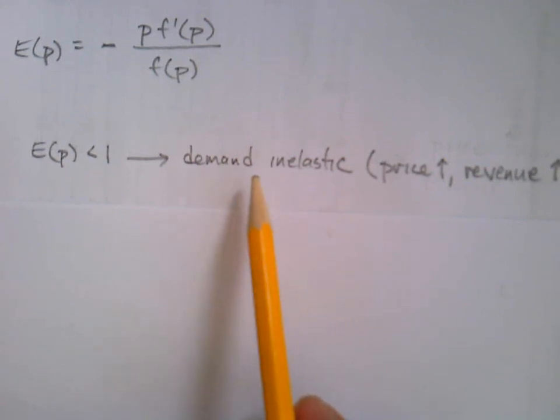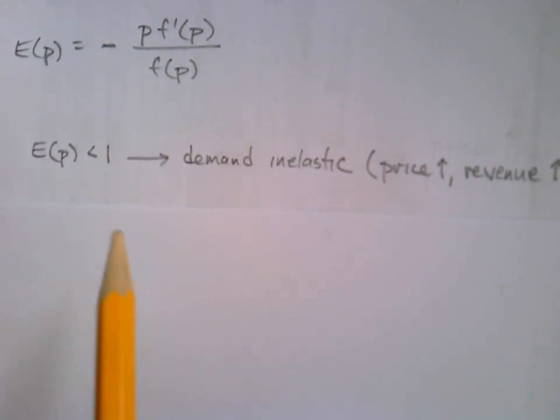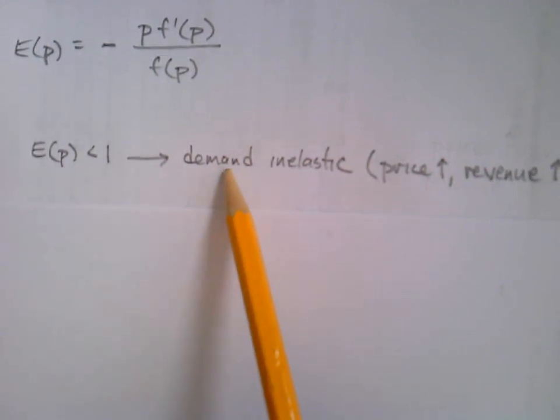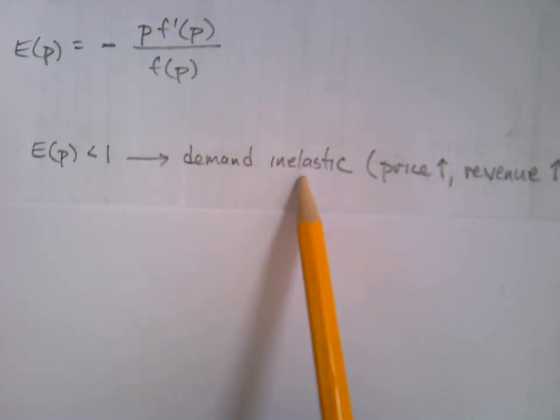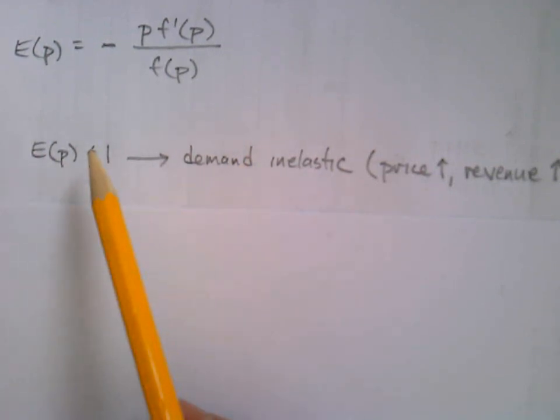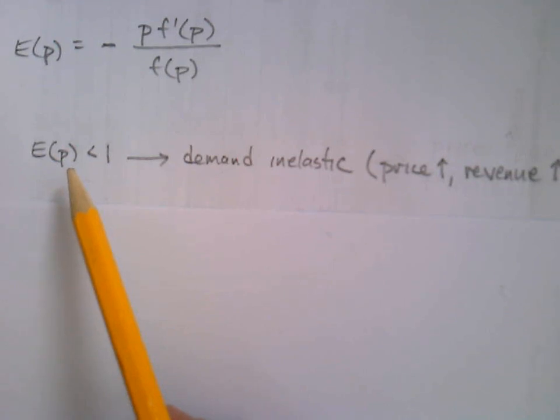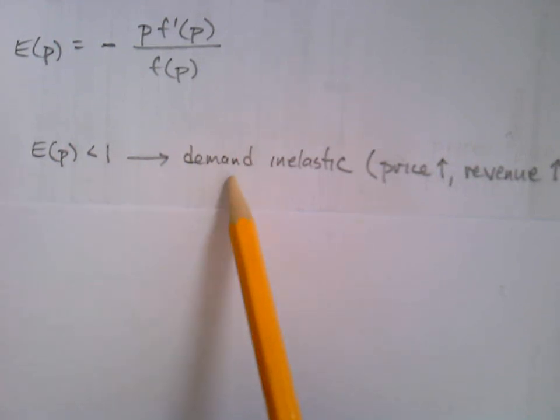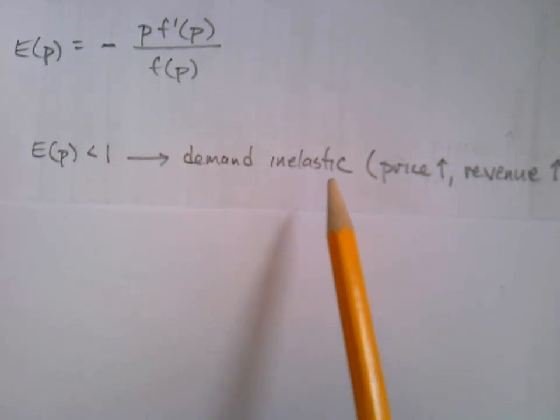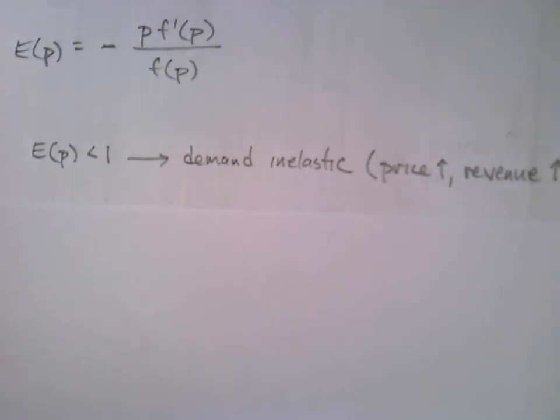It is not very flexible. As we start raising the price, the demand actually doesn't change much. And you think that's kind of bizarre. As I'm raising the price, there's really not much effect. It's not flexible. It's not moving.